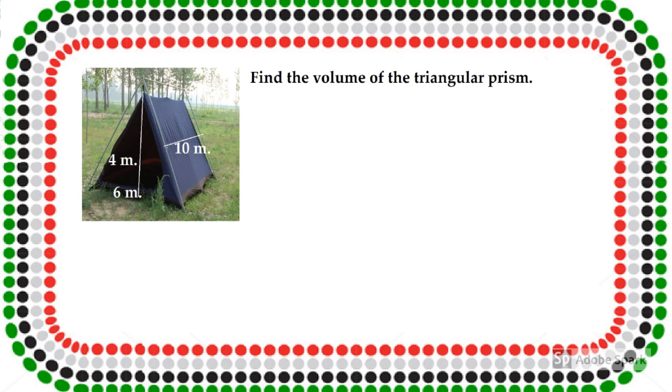Now, going back to our lesson, let's try to find the volume of the tent, which is a triangular prism. Using the formula V is equal to BH, where capital B is the area of the triangular base, which is equal to 1/2 BH.